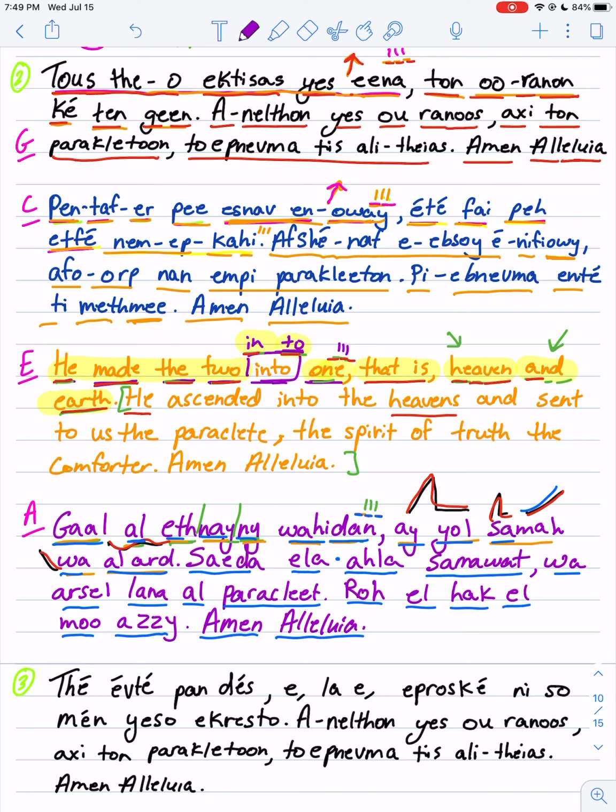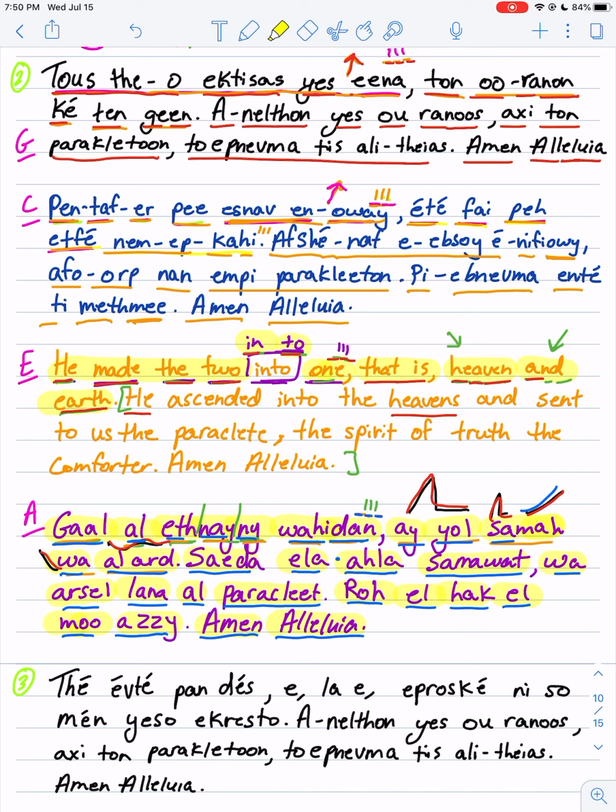So let's practice that one more time. The Arabic one. جعل الاثنين واحدا أي السماء والأرض صاعدا إلى أعلى السماوات وأرسل لنا البراكليت روح الحق المؤسي. آمين.